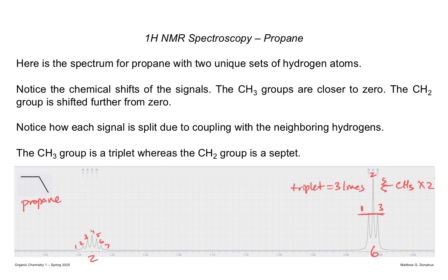The triplet, the height difference is 1 to 2 to 1. And so there's another trend there that we have to account for that, again, is based on the spin state possibilities. So there's more information to infer from a proton NMR signal than a carbon NMR signal.